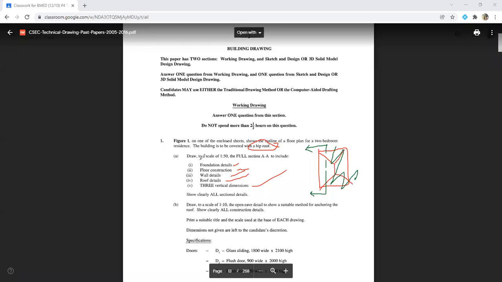So let's draw. It's important: draw to a scale of 1 to 50 the full section.